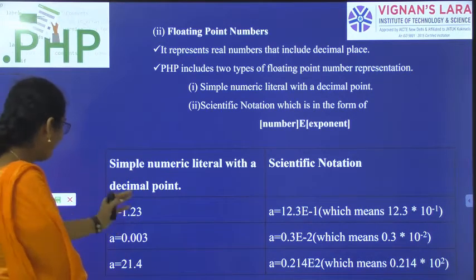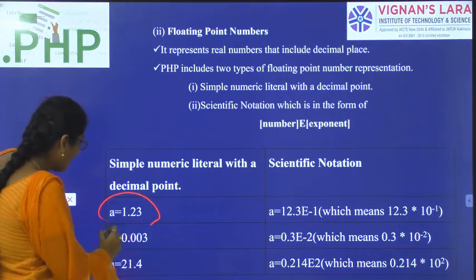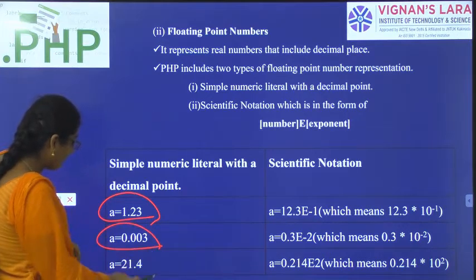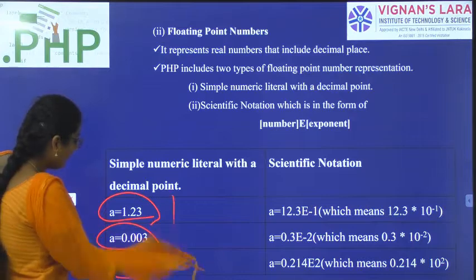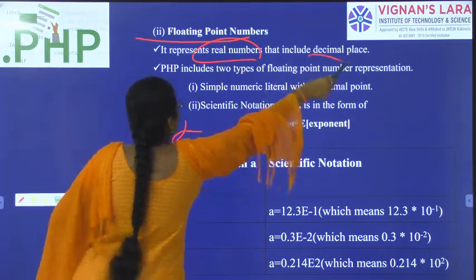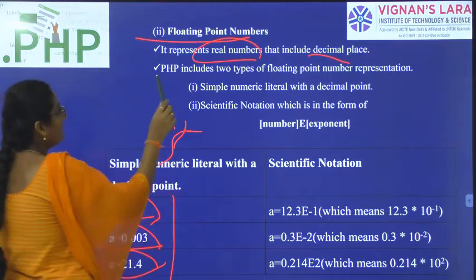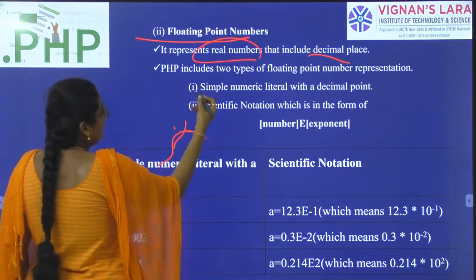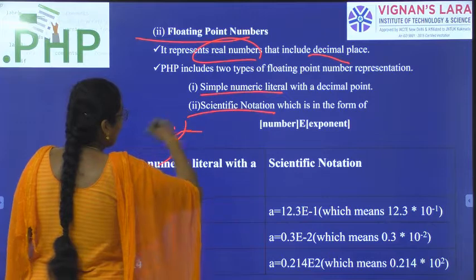So if you see here, this is the simple numerical literal. A equal to 1.23, A equal to 21.4. All these are floating point numbers, real numbers with a decimal place.